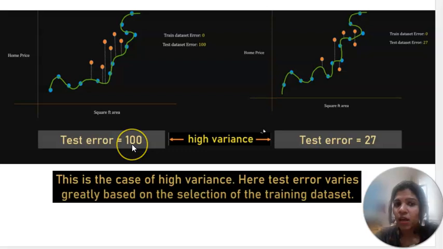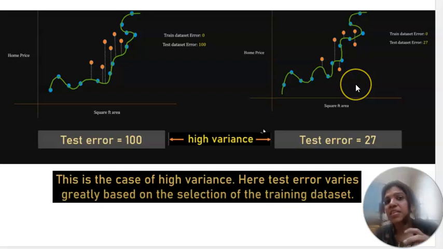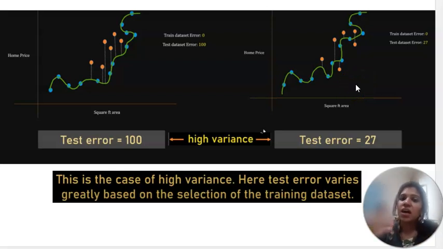Here the test error varies greatly according to how we chose the train and test data. Each time when shuffling and taking the training data set, our test error has very high variation. This should not be there. So this happens in an overfit model.